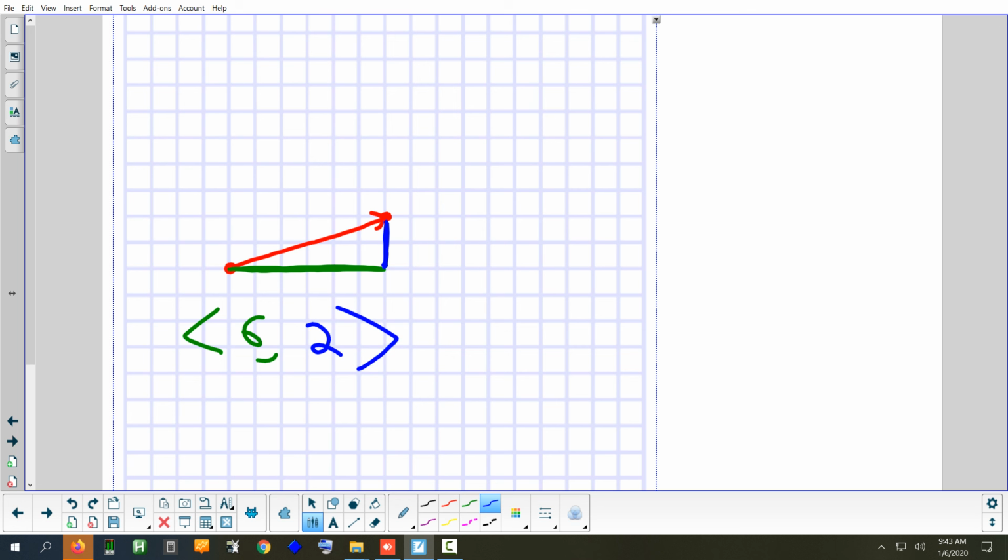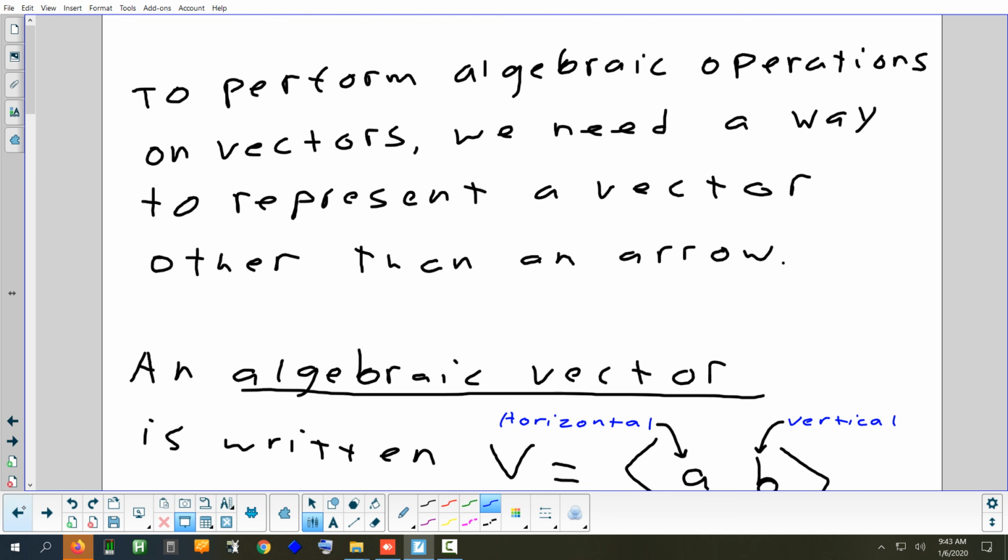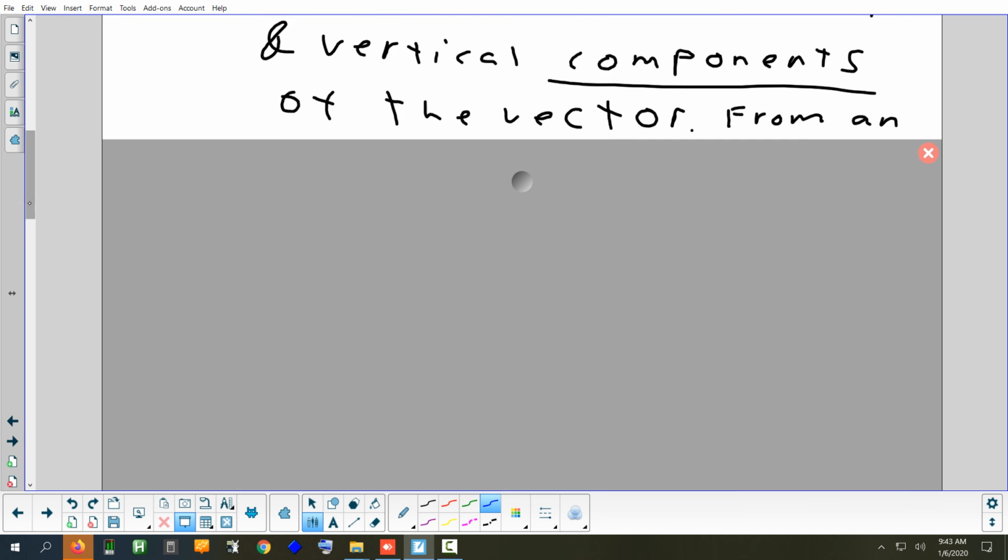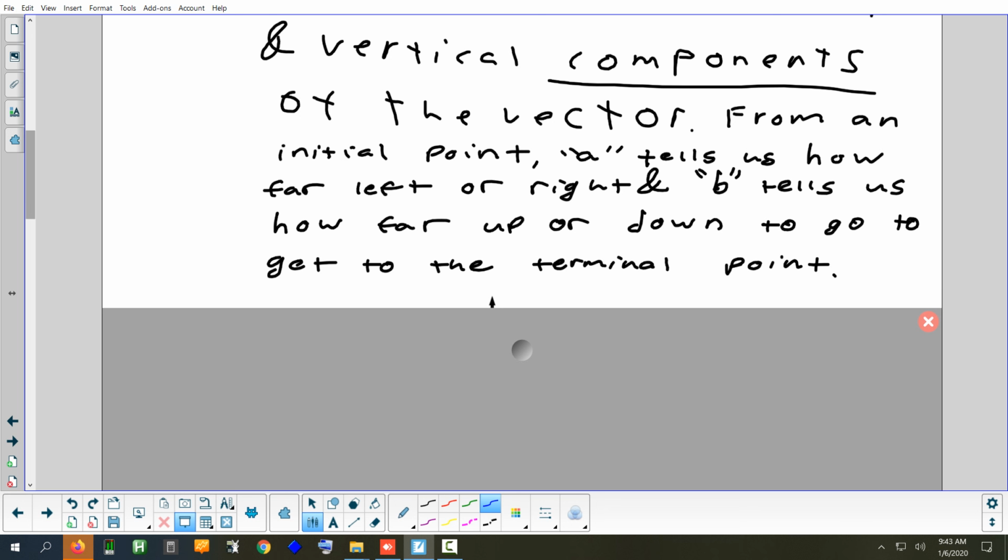So that vector in red is the vector [6, 2], meaning it has 6 horizontal units and 2 vertical units, basically to travel from the beginning to the end. You can think of the [6, 2] as a direction. 6 units right, 2 units up, and you will go from the beginning to the end. So from the beginning, a tells you how many units to go left or right.